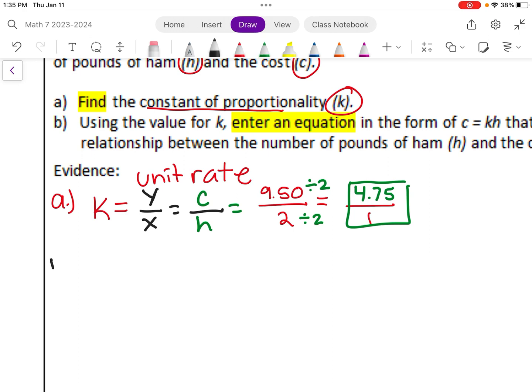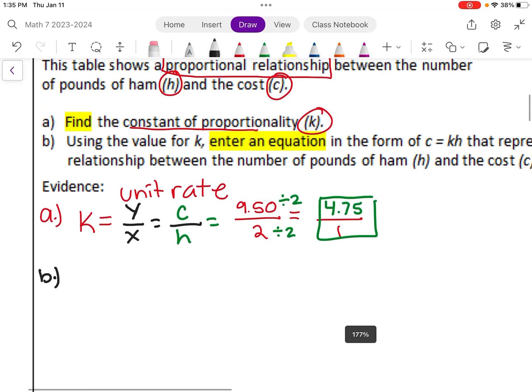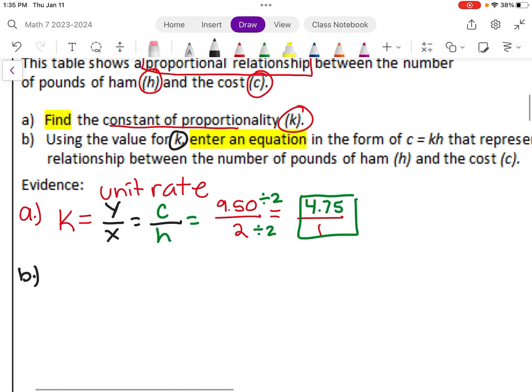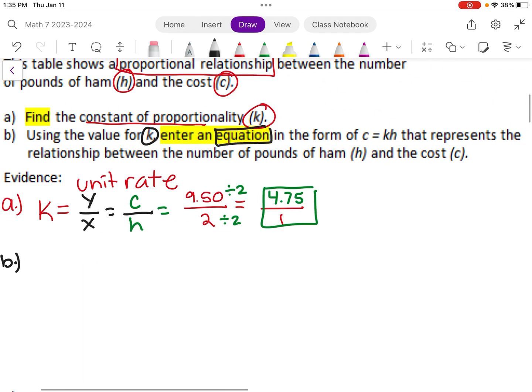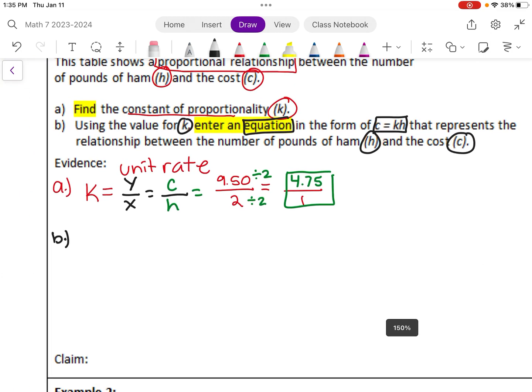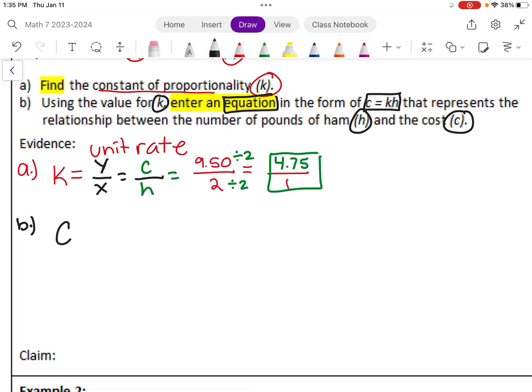Okay, now we go to part B. Part B says, using the value of K, write an equation in the form C is equal to KH that represents the relationship between the number of pounds, which is H, and the cost, which is C. So they're giving us the equation, and we're going to write down the equation they gave us.